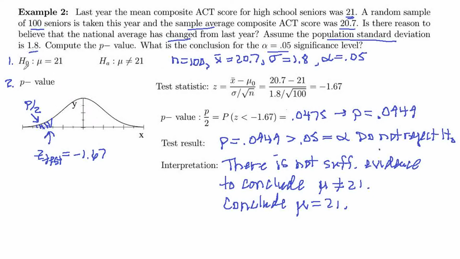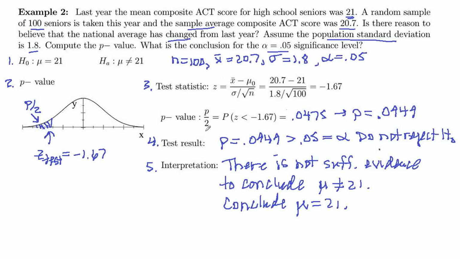So let's see, that was step 1. Step 2, step 3 was our test statistic, and then computing the p-value. Step 4, determine what the result is, and step 5, interpret. And actually, I guess I forgot to state your alpha.